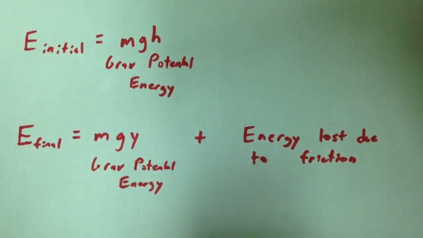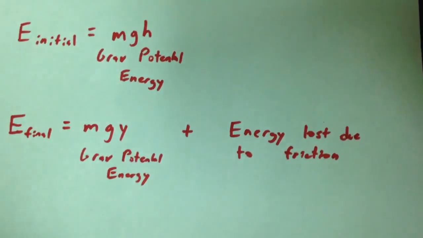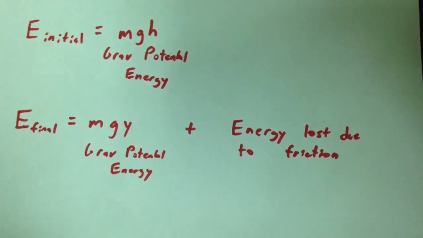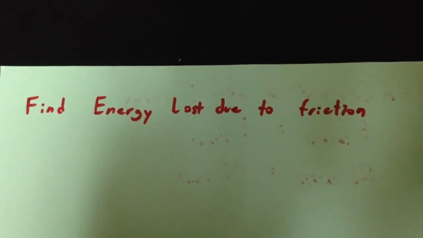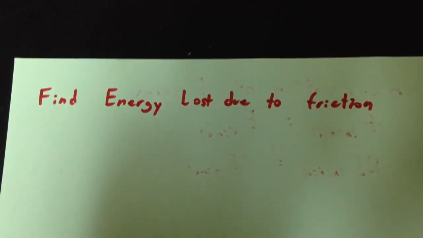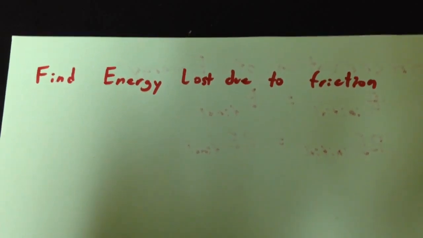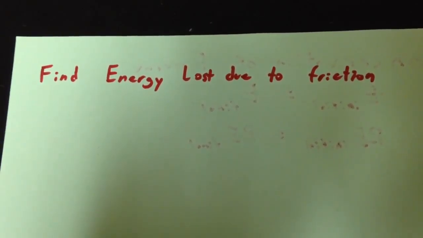E final is equal to mgy, the final gravitational potential energy of the object, plus the energy lost due to friction as the block travels from the right side of the screen to the left. Since we have formulas for both potential energies of the object at the initial and final points, now we must find a formula for the energy lost due to friction.